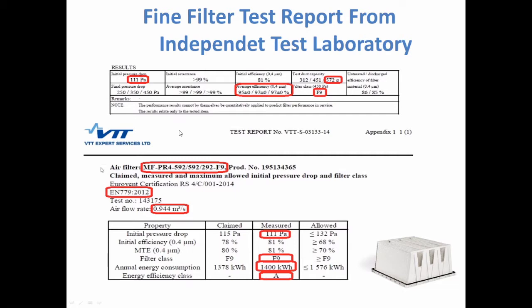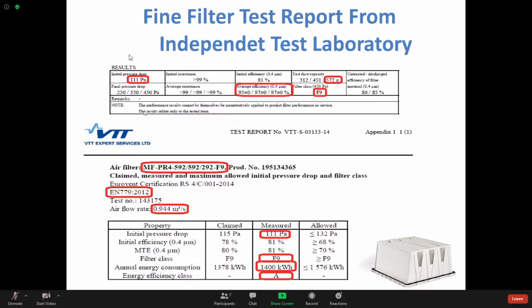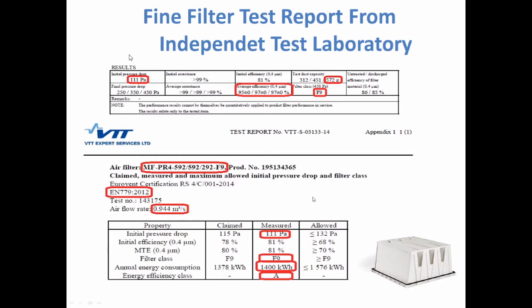And with VTT, which is one of the companies who test the filters for Eurovent as well, we send our filters to see the results from a third-party institution. We can also do the same test in our factory with the new test machine, but sometimes they should be approved by a third-party institution.